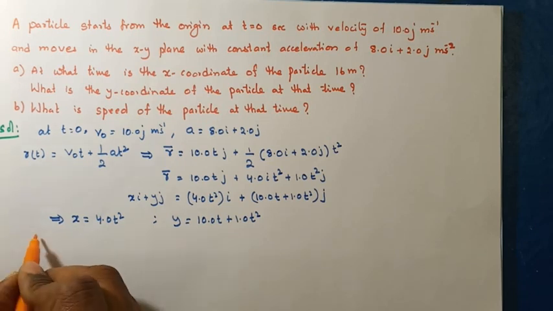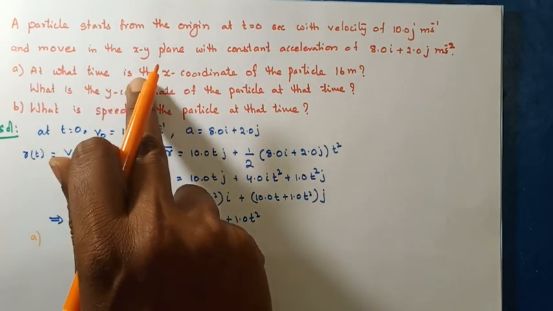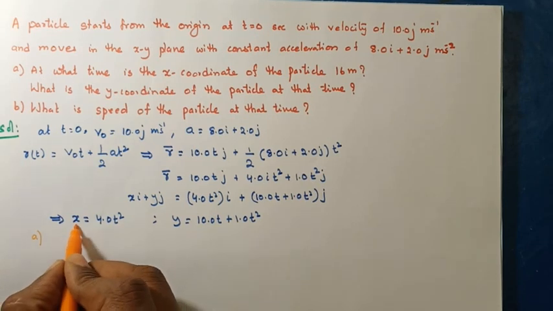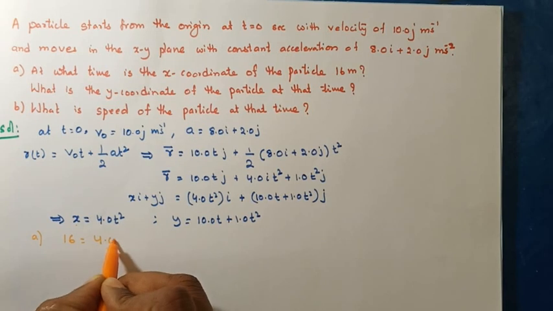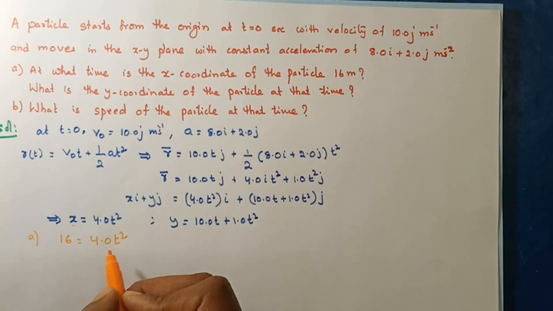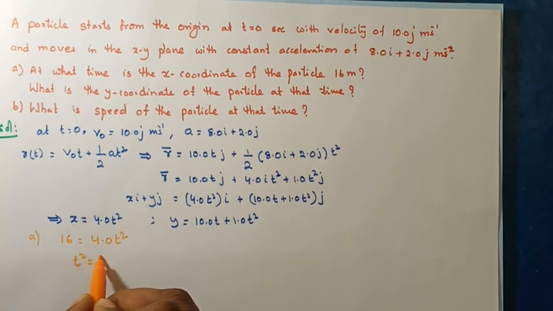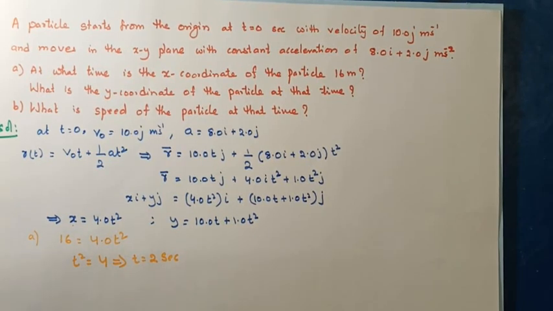Now we will write the solution of A. At what time is the x coordinate of the particle 16 centimeters? We need to calculate the time. Here t squared is equal to 4, so t is equal to 2 seconds.